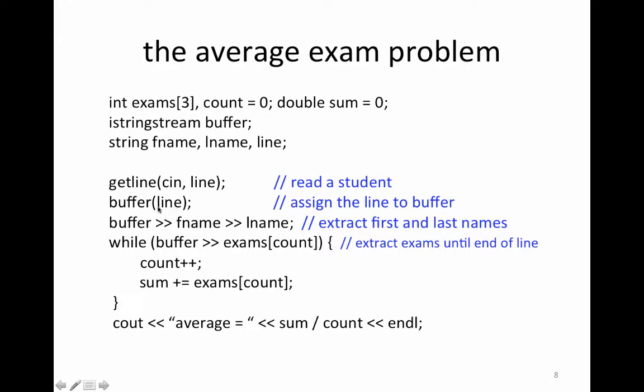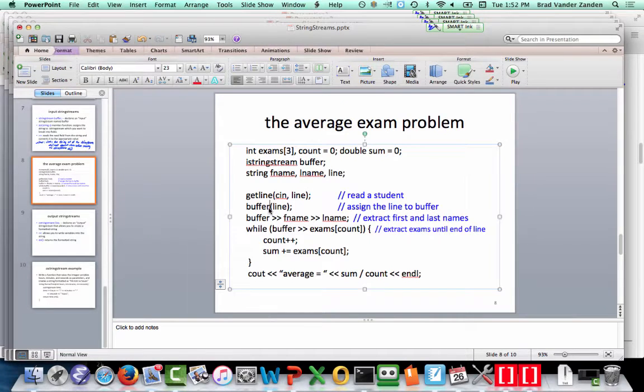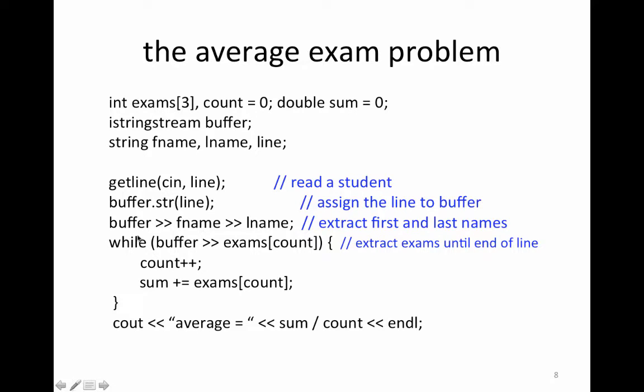I stuff it into the buffer. I have to use the str command to stuff it in there. So I stuff it in there using .str. Then I read out the first name and the last name.